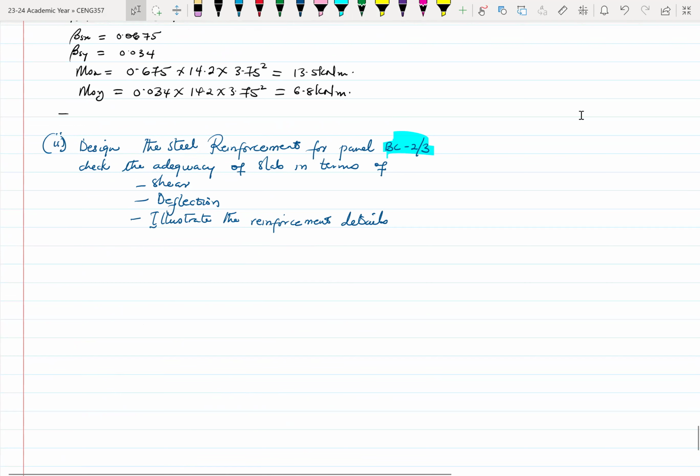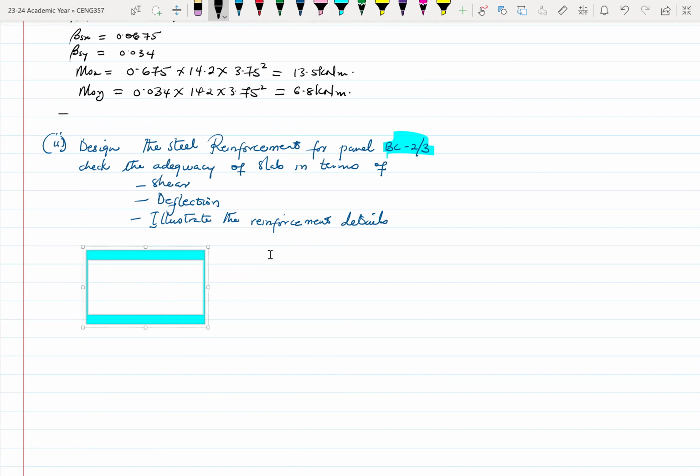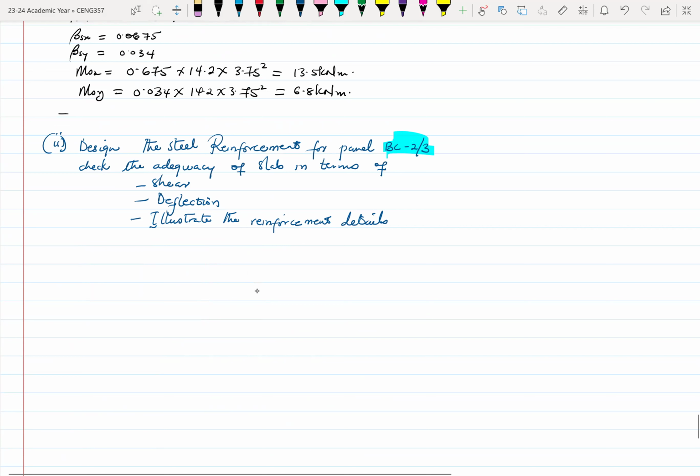So let me just redraw and then state that. Choose my color.